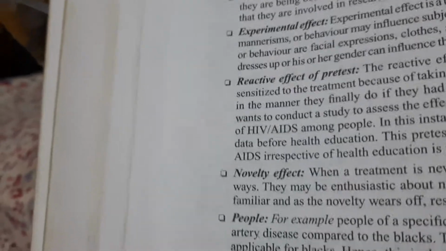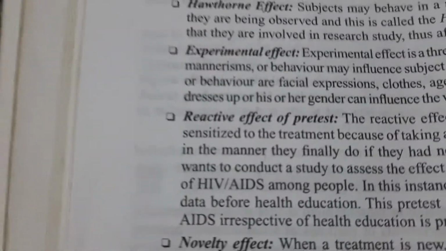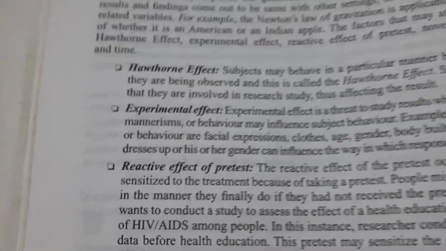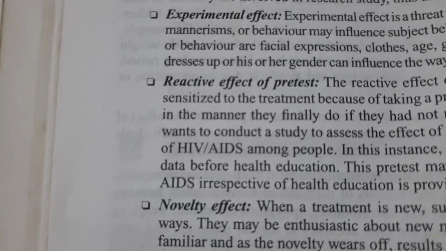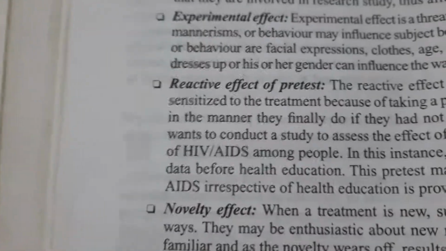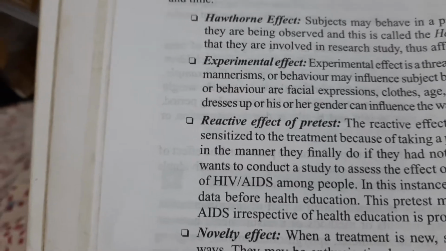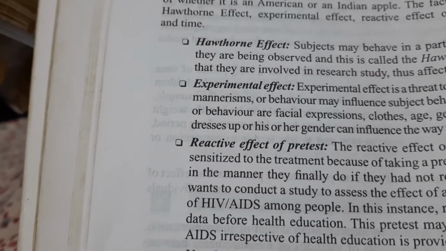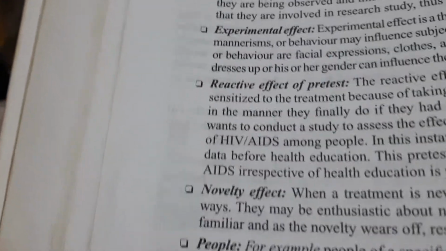It is the mannerism, how the people behave, how the subject influences your life. Here they have given behavior, facial expressions, clothes, age, gender, and body build. All these things we call the experimental effect.